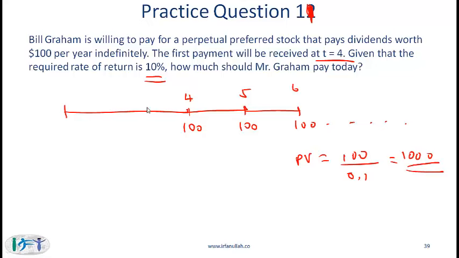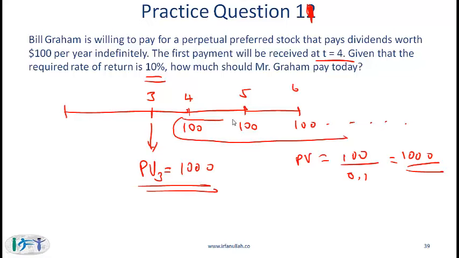So this present value is one period before. So the present value at time 3 is equal to 1000. This value of 1000 is equivalent to all these cash flows which start at the end of year 4.